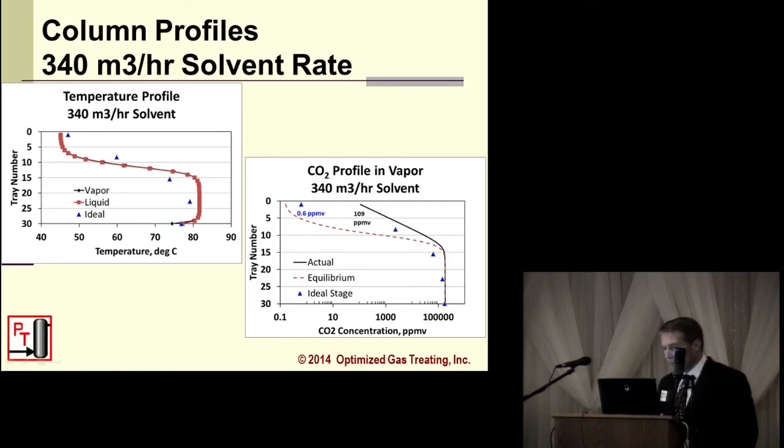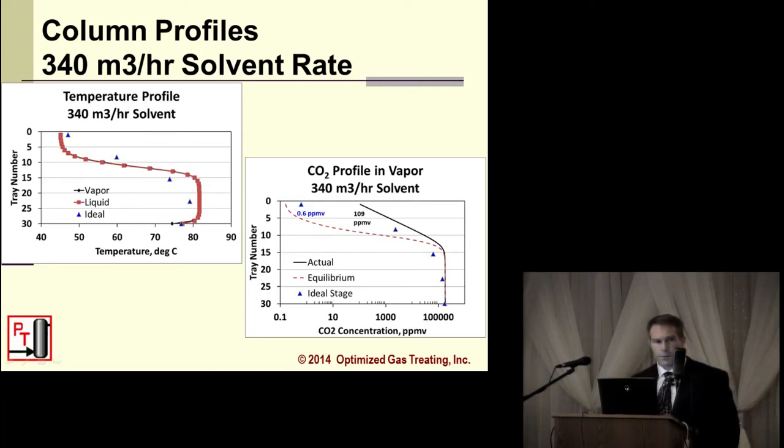And the actual outlet, just with several percent less solvent rate, we've gone from under 1 ppm CO2 to 109 ppm. Our 5-stage assumption still ends up at 0.6 ppm.